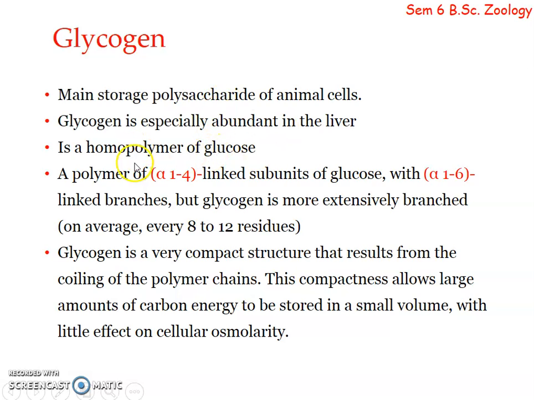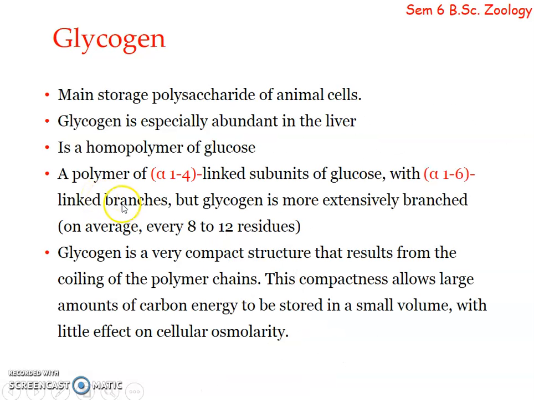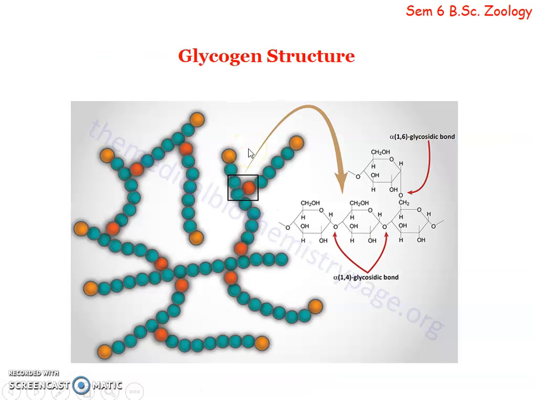It is the homopolymer. So glycogen, this is how it is formed. It is a branched structure: a polymer of alpha 1,4 linked subunits of glucose with alpha 1,6 linked branches. These two kinds of chains are formed. It is not a single chain, but this is how it will be. This is taken from another web page.